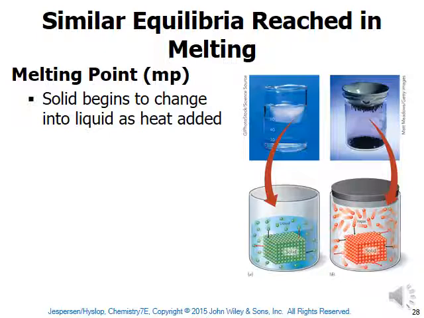At some point the temperature will not be able to break apart the ice completely in the water, and it'll come to a certain temperature, like 32 degrees Fahrenheit. At that temperature, you get equilibrium where the solid turns into the liquid.